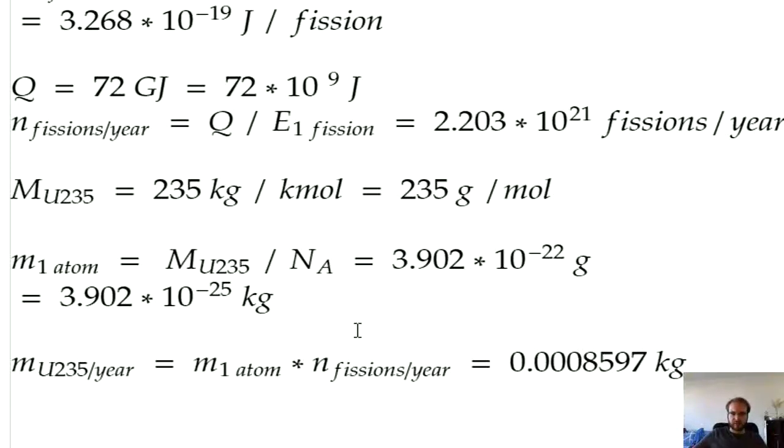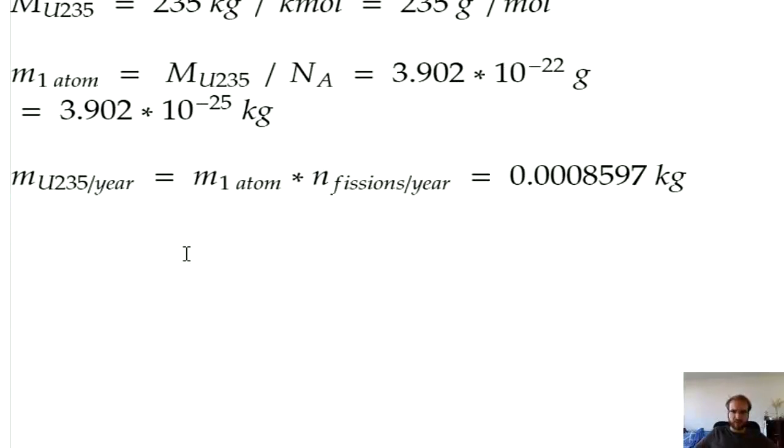But the question was, how much of the fuel as uranium-235 in a year do we require? When we have fuel containing U-235, typically it's not 100% pure uranium-235, but the concentration of this isotope of uranium in fuel, for example, for light water reactors, is about 3.6%.